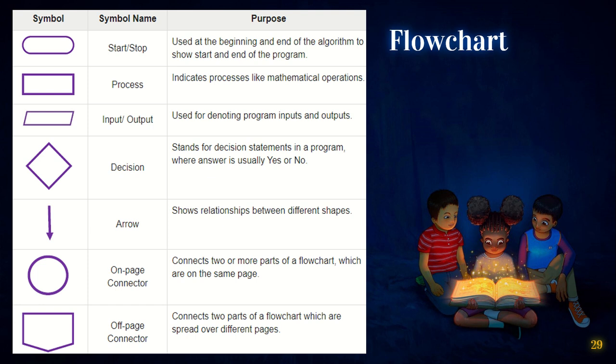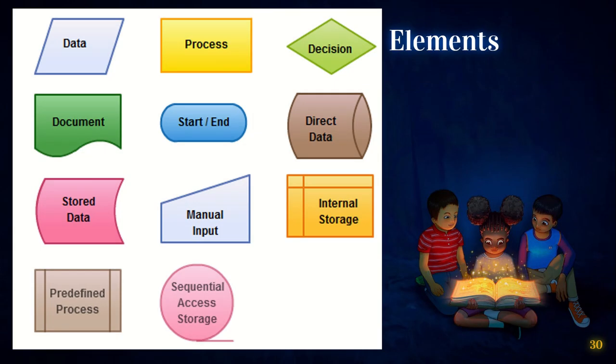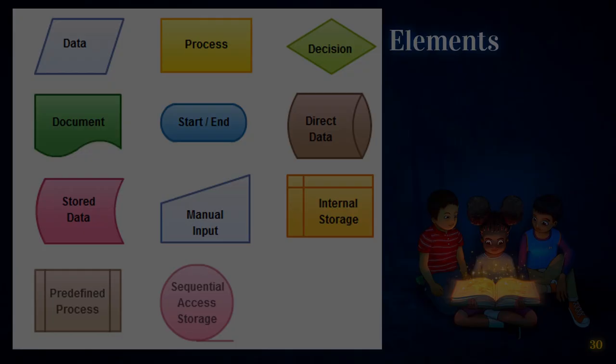If the flowchart is going from one page to another, you can use the off-page connector. Then you can see again data, process, decision, start and end, document, store data, predefined process, manual input, sequential access storage, internal storage, direct data and so on. These are the elements for a flowchart.